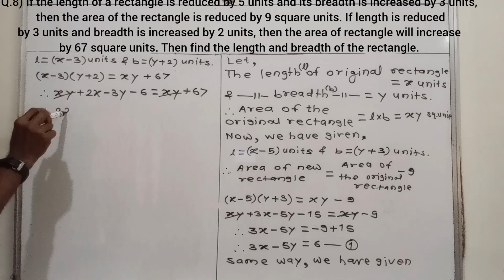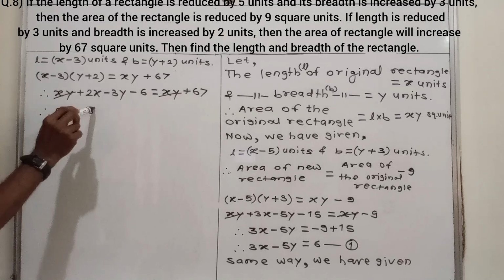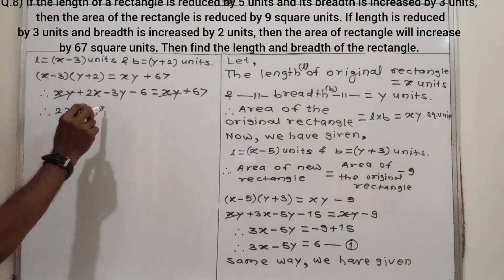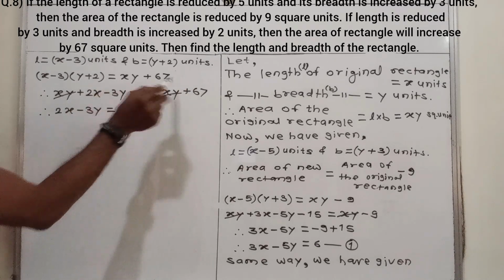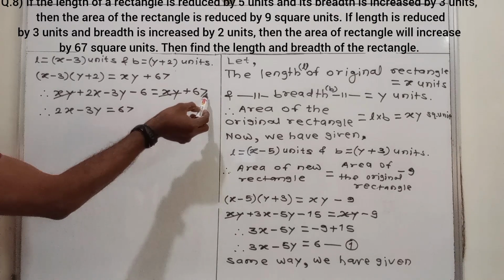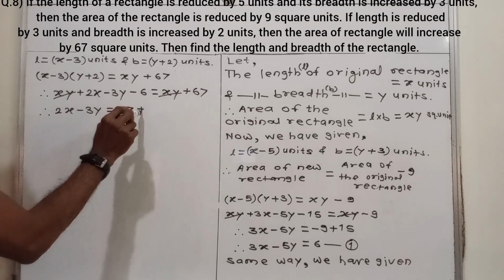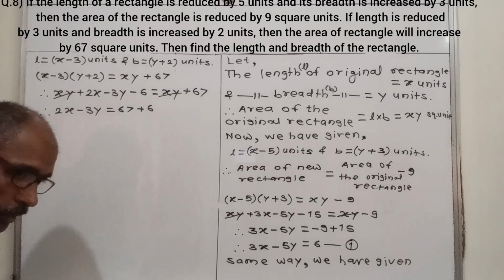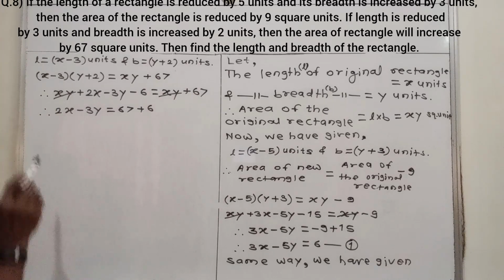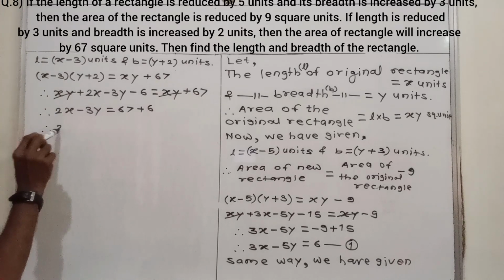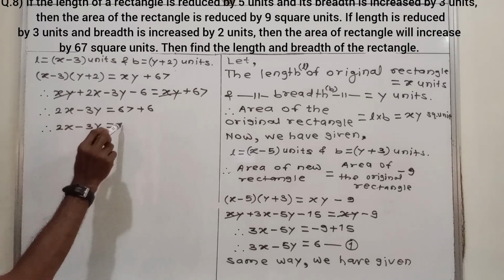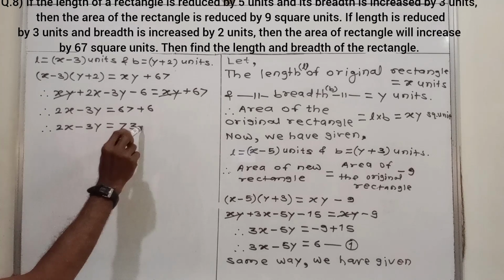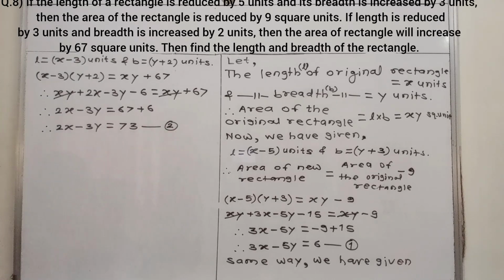Therefore 2x minus 3y is equal to 67, and this like term 6 we take to the right side, becomes plus 6. Therefore 2x minus 3y is equal to 73. Did you get it?